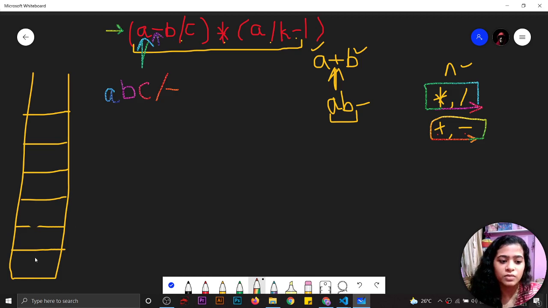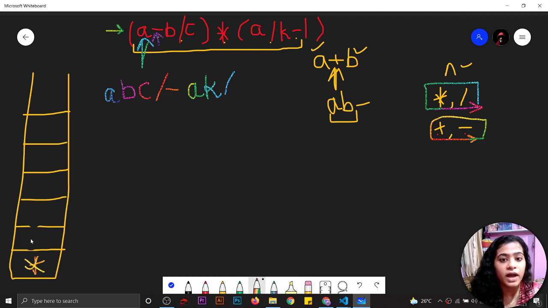Then multiplication symbol. Then A, operand, divide symbol. Then K into the answer. Then minus. But minus is having lower priority than the multiplication division. So we have to pop out elements. Division is popped out.